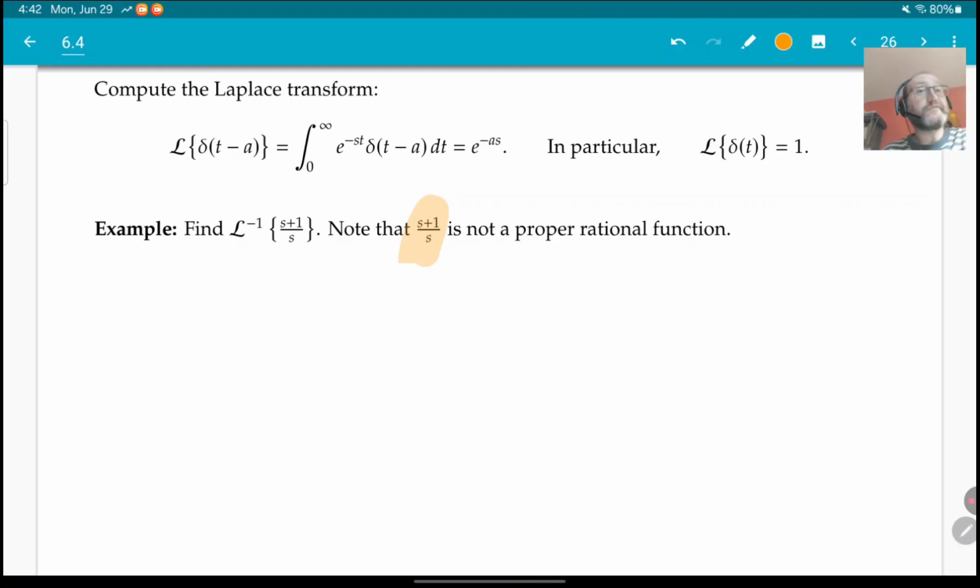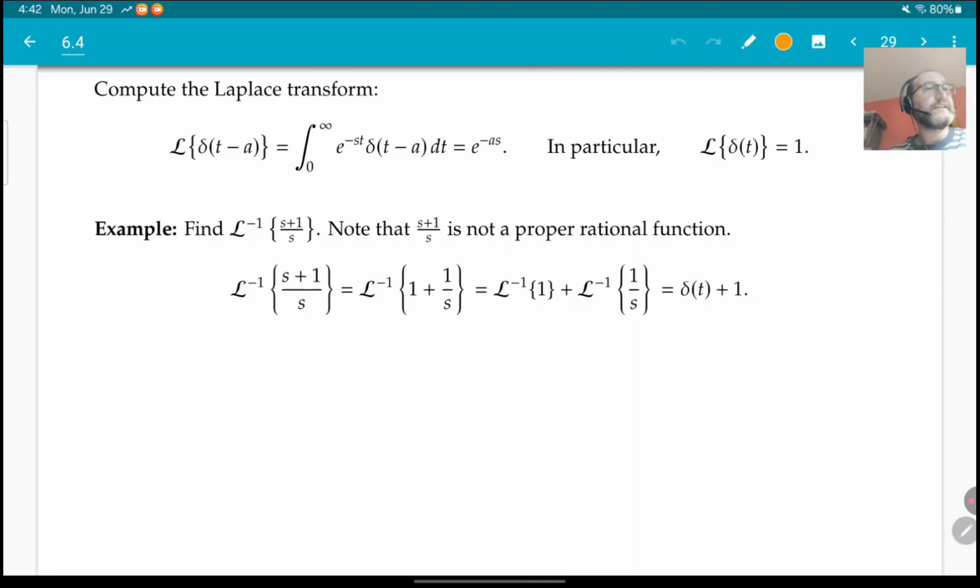S plus 1 over s does not have an inverse Laplace transform as an exponential type function. That doesn't exist. But with the delta function, we do get an inverse Laplace transform. So we just rewrite s plus 1 over s as 1 plus 1 over s, use linearity, and then we just look up in the table, and we just computed that the Laplace transform of the delta is 1. So the inverse Laplace transform of 1 is the delta.